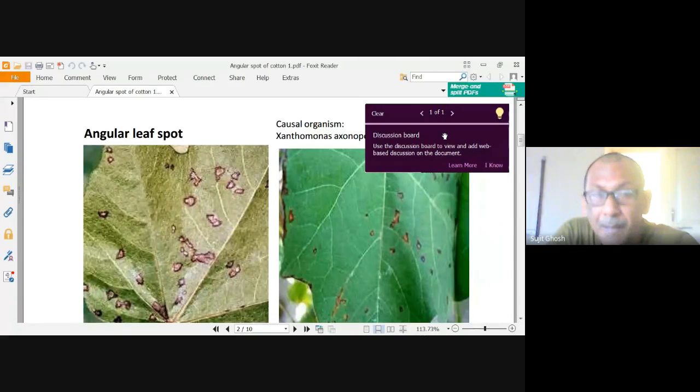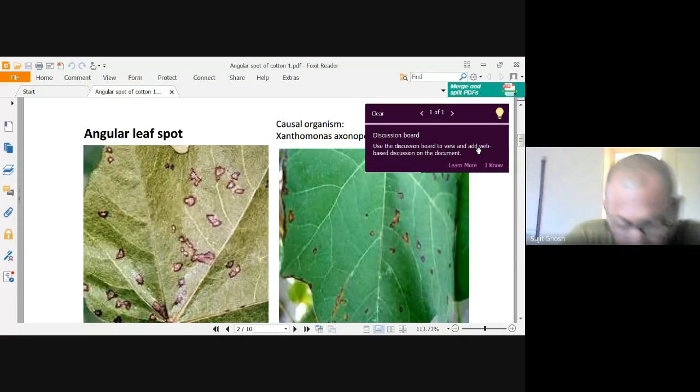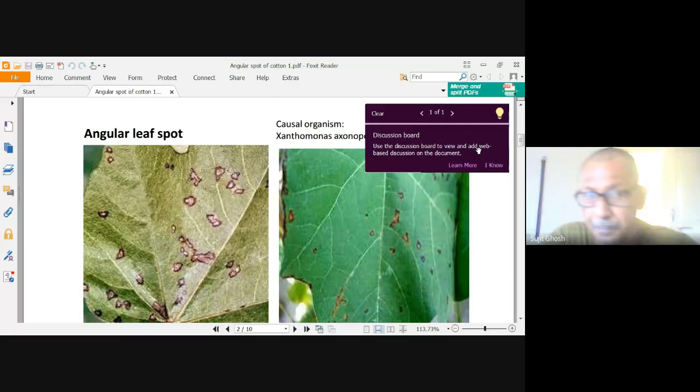variety Malvacearum. Malvacearum is the previous family of the cotton plant. Okay. So angular leaf spot is being caused by a bacteria which is Xanthomonas axonopodis variety Malvacearum.